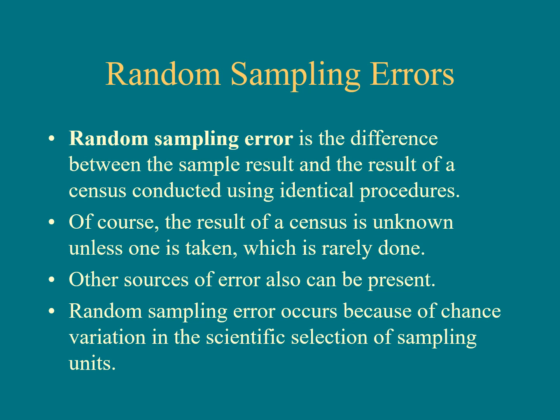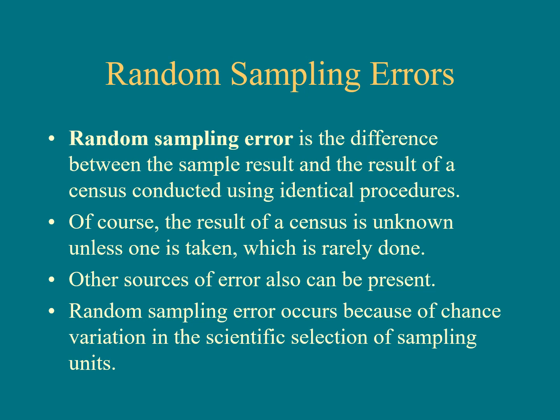Random sampling error. Random sampling error is the difference between the sample results and the results of a census conducted using identical procedures. Of course, the results of a census are unknown unless one is taken, which is rarely done. Other sources of error also can be present.